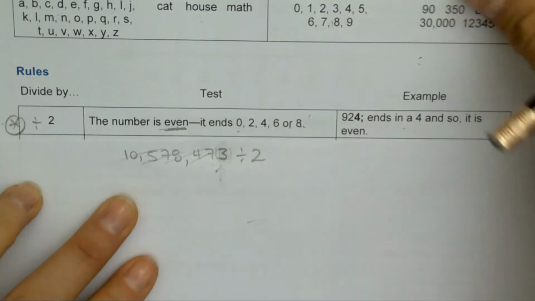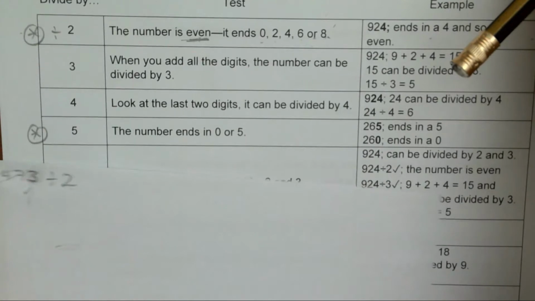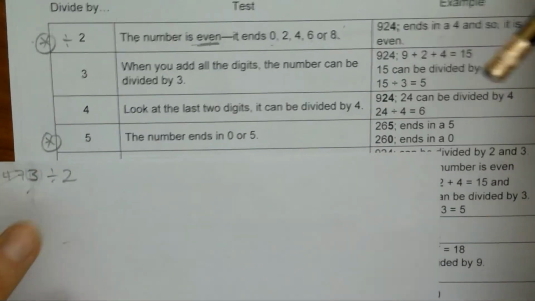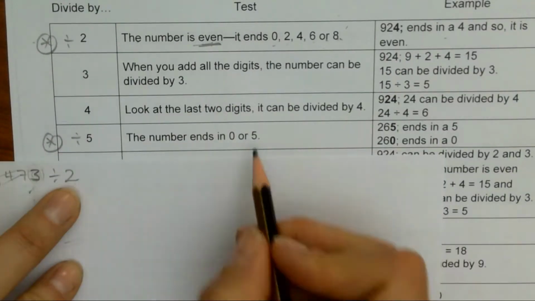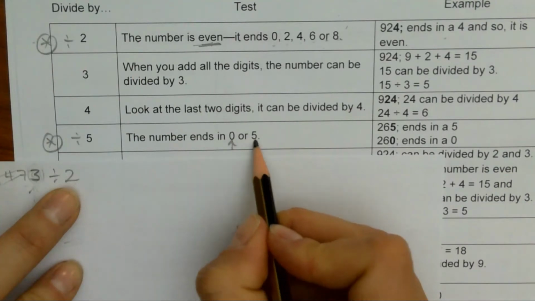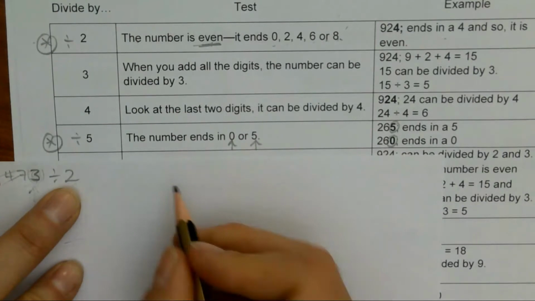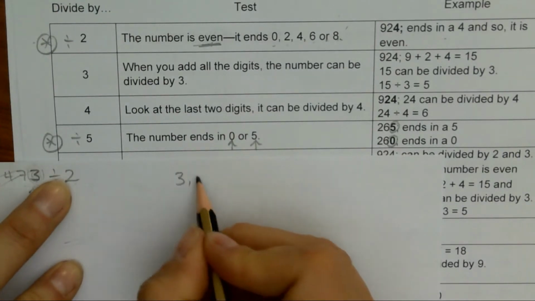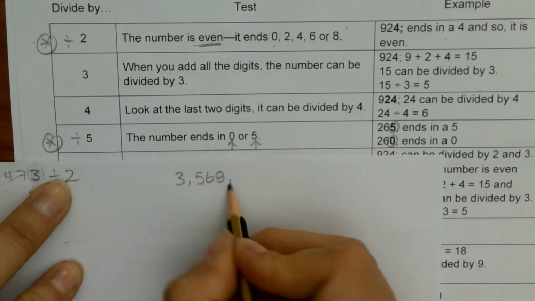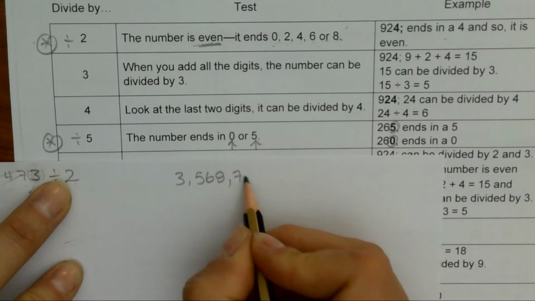So now let's look at 5. So for a number to be divisible by 5, it has to end in a 0 or 5. So the very last digit has to be a 5 or a 0. So if I have 3,568,780, is that divisible by 5?